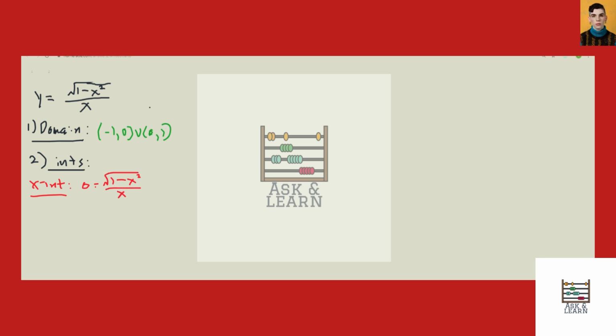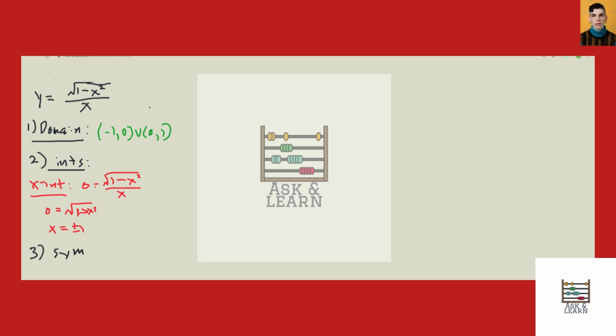And remember, the denominator can never make the function equal to 0. So we would do 0 is equal to the square root of 1 minus x squared. So we square each side, add the x squared over, and take square roots again, and we'd get x is equal to plus or minus 1. And since 0 is not included in our domain, we know we will not have a y-intercept, so we don't need to solve for that.